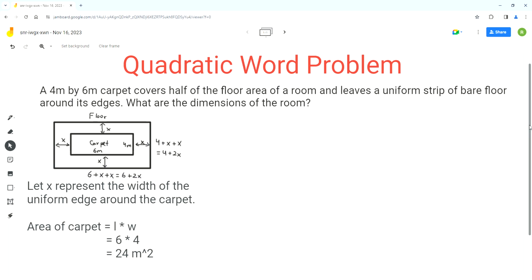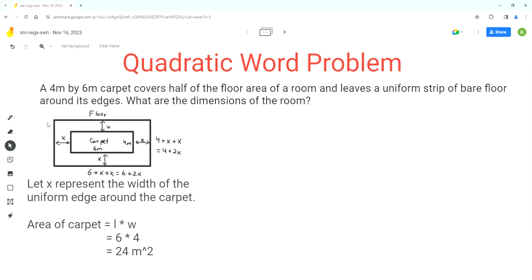Now we are also given that the area of the carpet is half the area of the floor, because as per the problem the carpet covers half of the floor area. So our next step is to calculate the area of the floor.